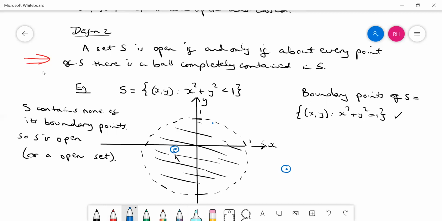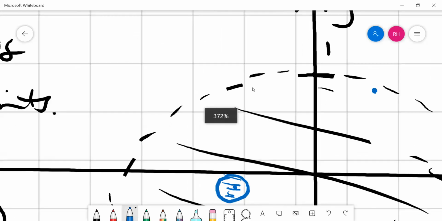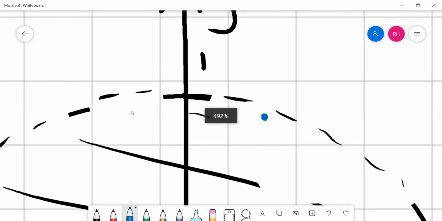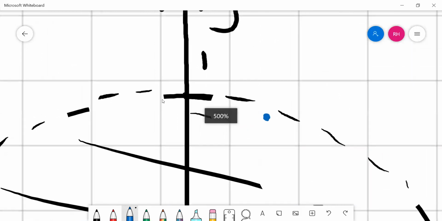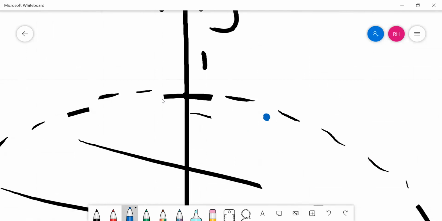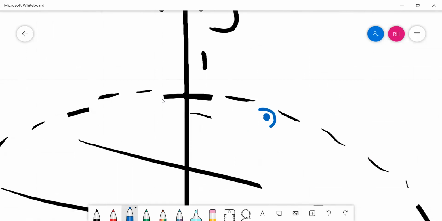Even if I get very close, here's a point that's very close to the border. But if I now zoom in like this, 500%, okay, you can see that I can actually draw a little circle around that.